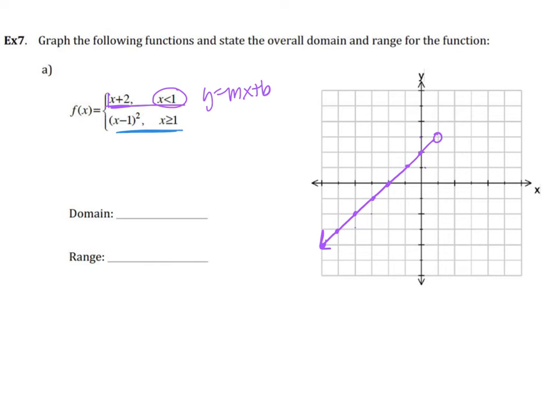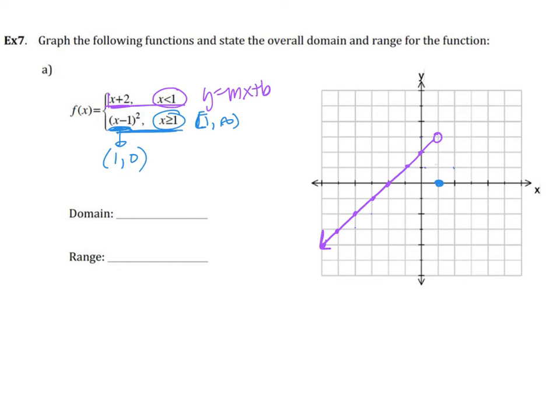The blue portion of the graph is an equation of a parabola, and the vertex of the parabola is 1, 0. So I go to the right 1, up 0. My bad. It's including this value of 1. So I'm going to put a closed circle here, and then I'm only going to the right because this is from 1 to infinity.